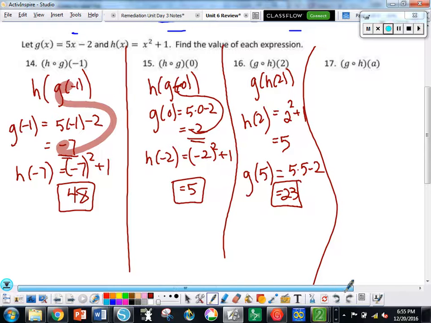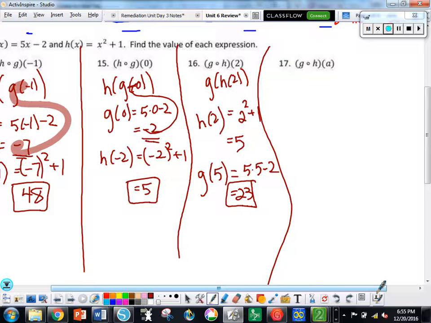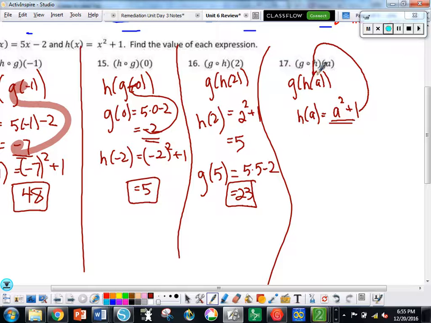Last one, and then we will peace out, and I will see you another day. G of h of a. A little bit different. Let's start by finding h of a. H of a would be a squared plus 1. Then we're going to take this a squared plus 1 and plug it back into the g function.